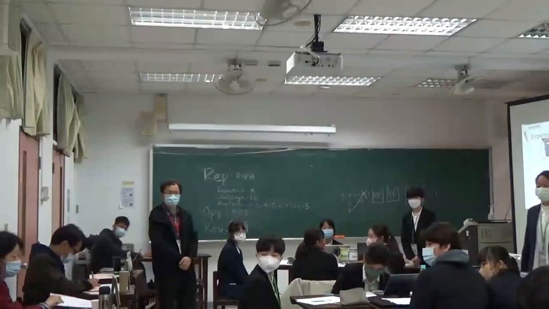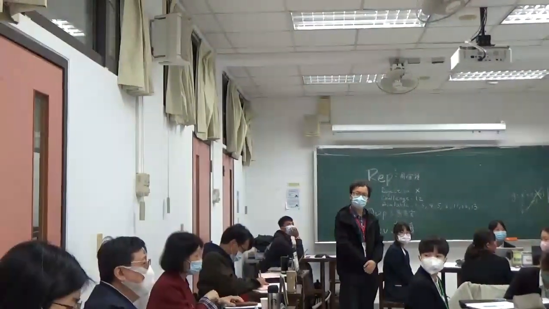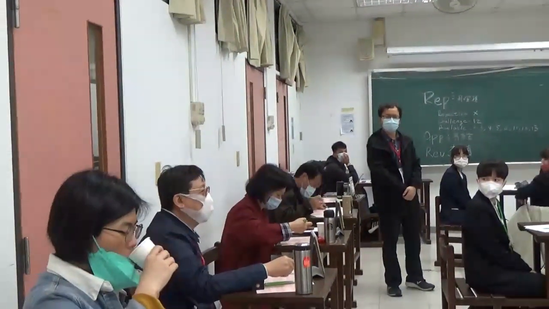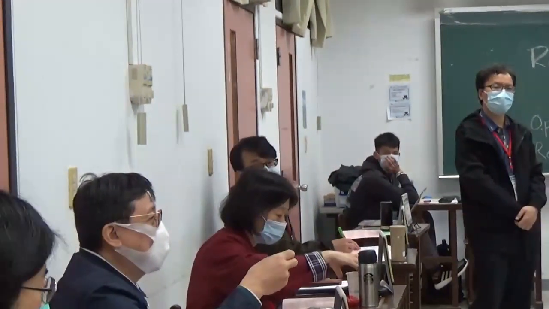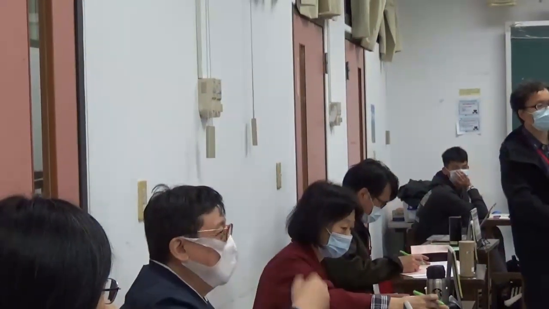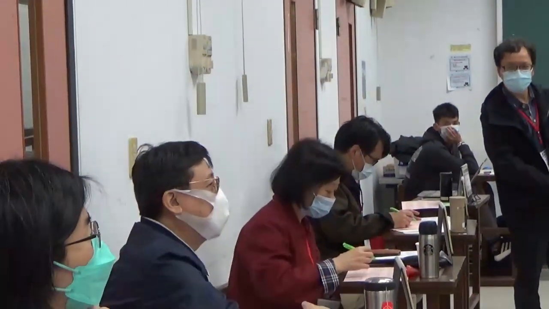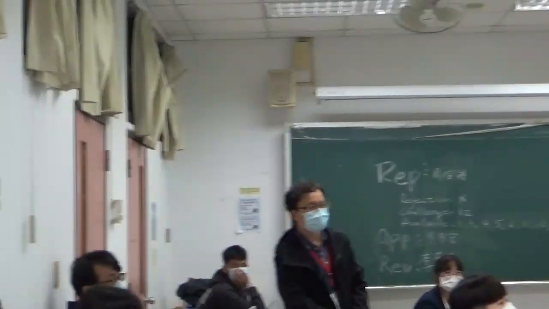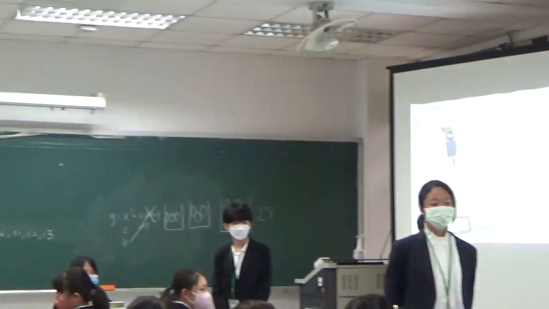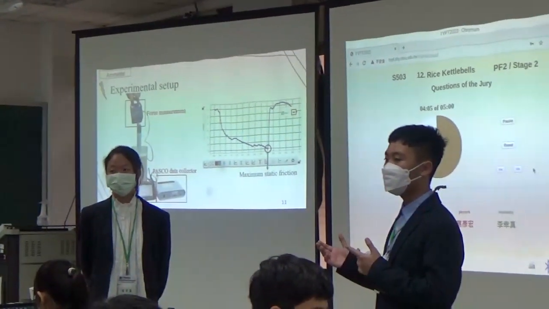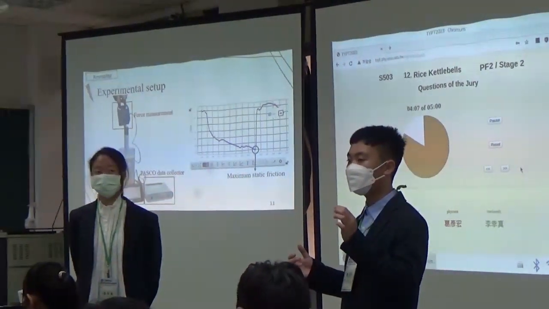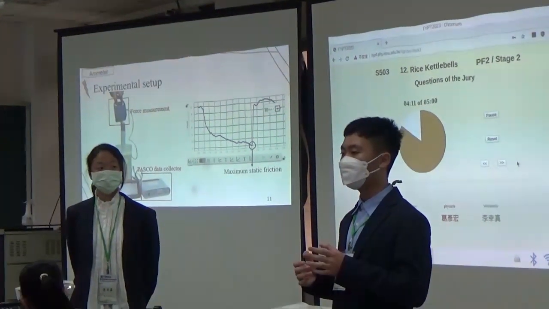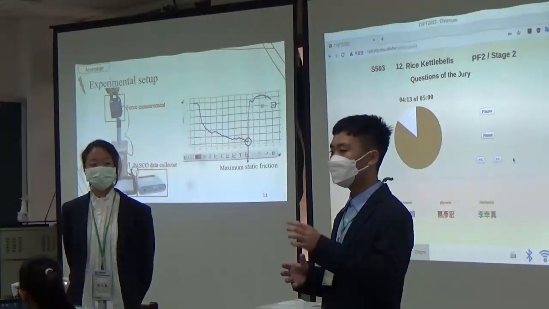To the opponent, you mentioned many times about the arrangement of the rice. What would you suggest her to do? I think we should measure the rice's coefficient of friction, the mu x.